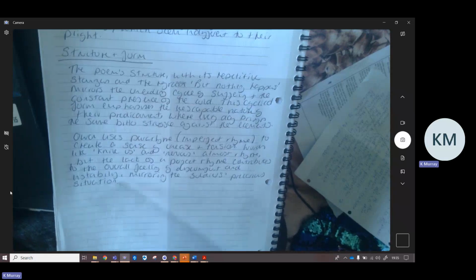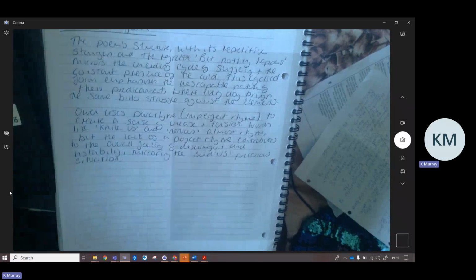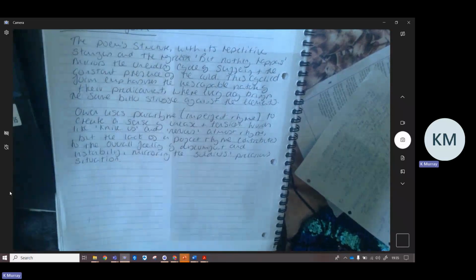but I've given an explanation as to why the poet has used it. If Owen wanted to use perfect rhyme, he would have done so. He was a phenomenal poet. It would have been very easy. It's deliberate, okay? And it's that sense of kind of like unease and discomfort and instability. It emphasizes that, it underscores it, okay?